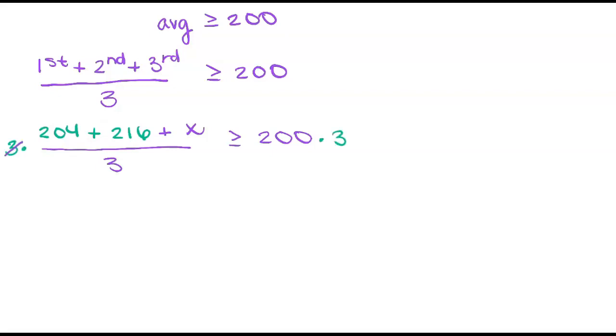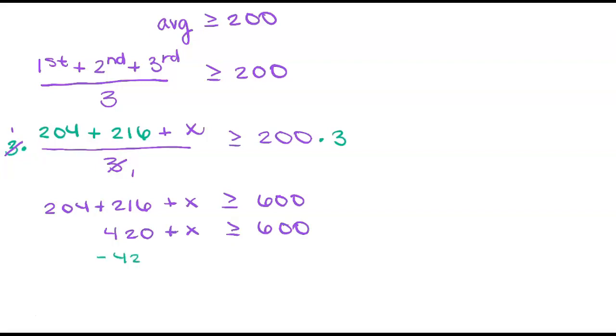That will simplify the 3's on the left, leaving us with just the numerator of 204 plus 216 plus x. On the right now we have 200 times 3, or 600. Combining like terms on the left, we can add 204 and 216 to get 420.